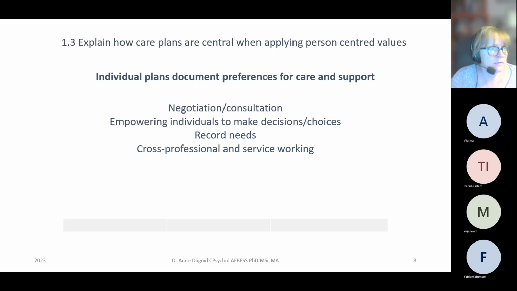Maybe it's a lady and all she wants is a female carer. She doesn't want to work with a male. She gets very upset with a male. I've had male clients who got very upset working with male carers. So it really depends.